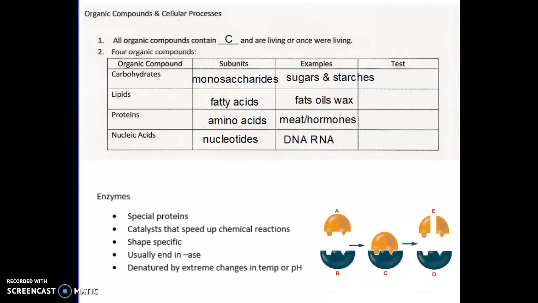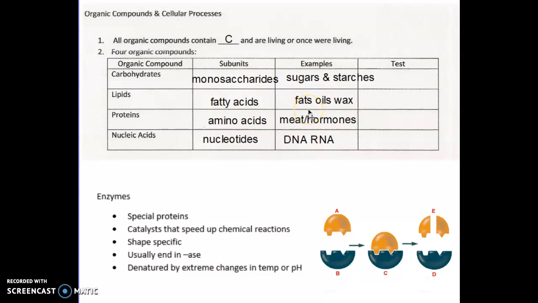Once you've established that something is organic, the four main organic compounds that you have to know in biology are listed here: carbohydrates, lipids, proteins, and nucleic acids. The examples of carbohydrates are sugars and starches. Anything that is a sugar or a starch is a carbohydrate.